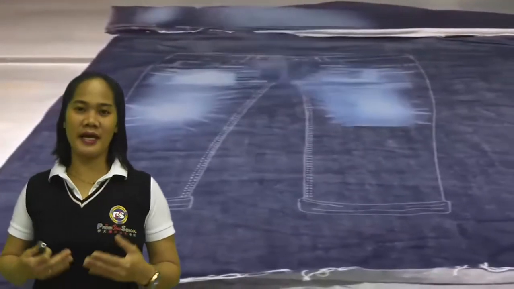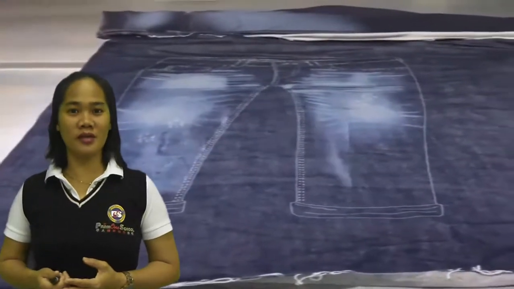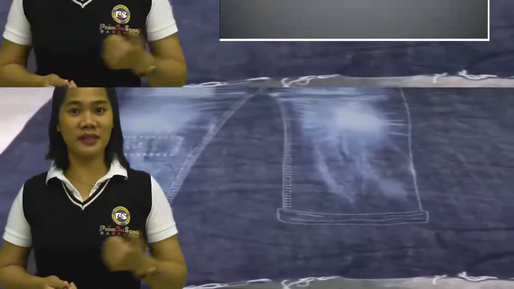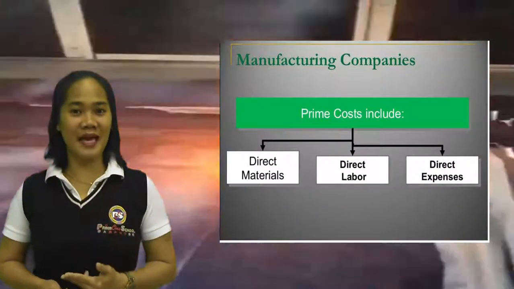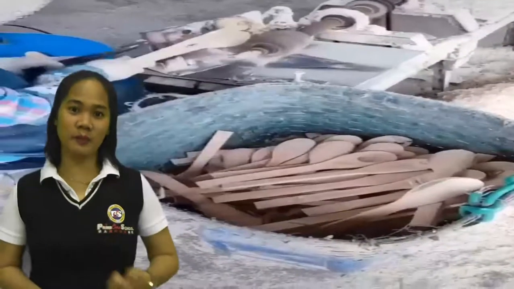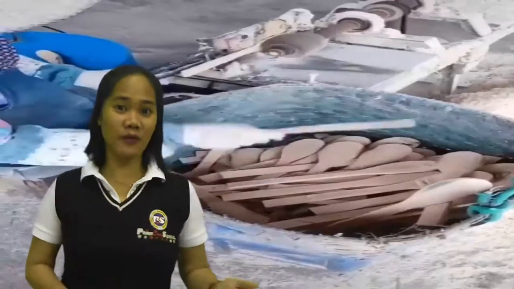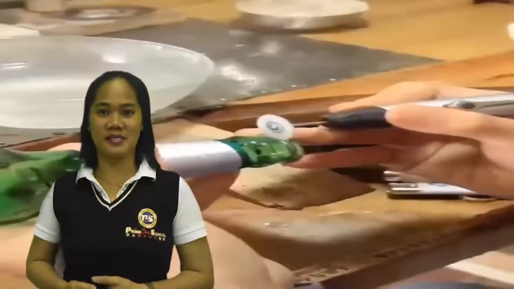Let us review how to find the prime cost. We have the direct material, the total of direct labor, and the direct expenses. And what are the overheads that we have? Indirect material, indirect labor, and indirect expenses.